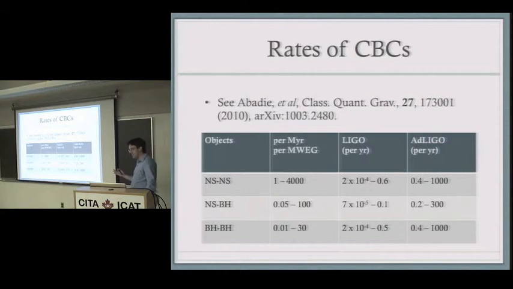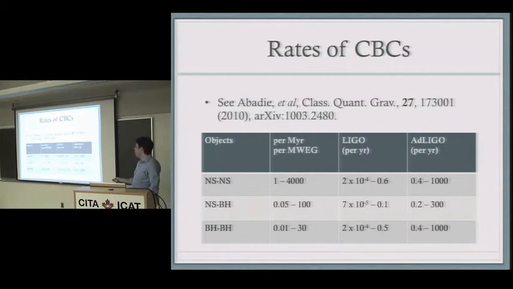Now, sadly, the constraints that our electromagnetic observations place on these rates are fairly weak. You can see here that there's between 1 and 4,000 neutron star mergers per megayear per Milky Way equivalent galaxy. And there's similar types of uncertainties on these other rates.